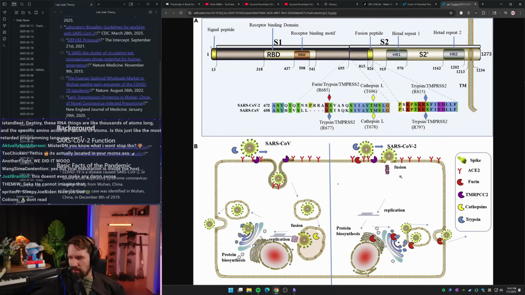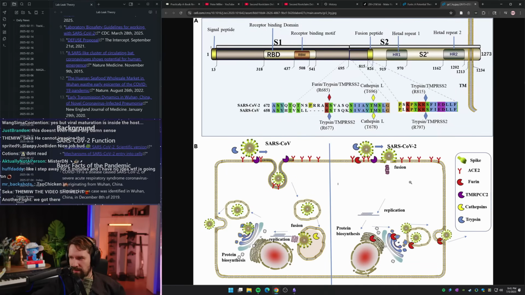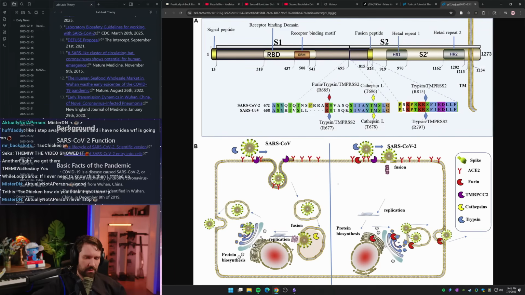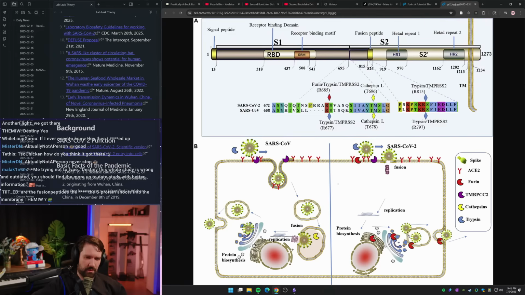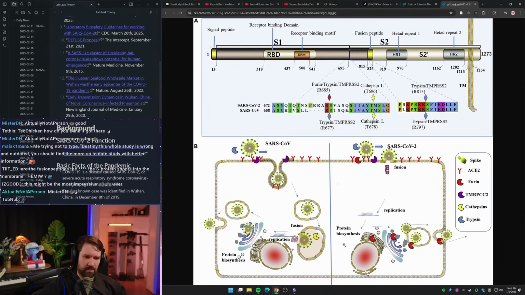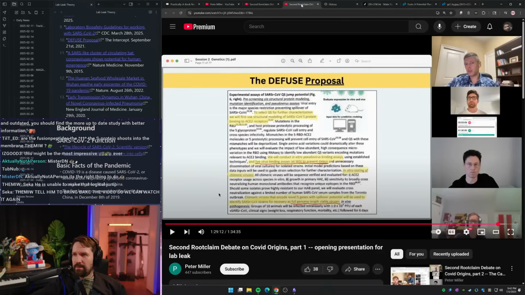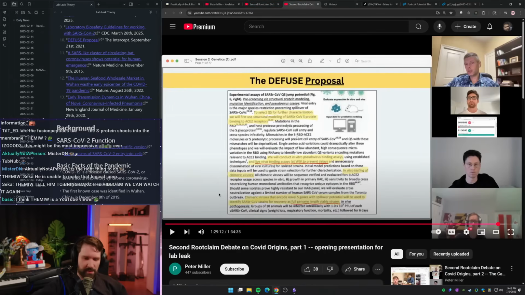Does that help? Or when it cleaves it, when it cuts it there, wouldn't that inhibit the ability of the virus to go out and do stuff? Or does that just help it infect more inside the cell? Okay, listen. There, I've said it, I read it.